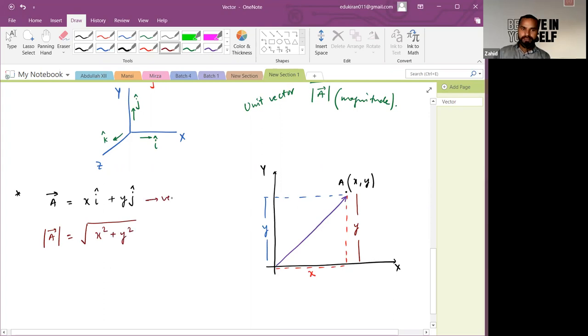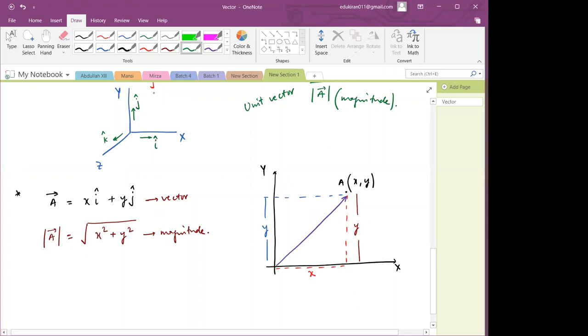So this is the vector and this is the magnitude of that particular vector. Is it clear? Yes, sir. Any doubt?